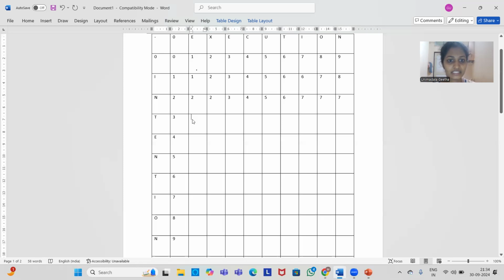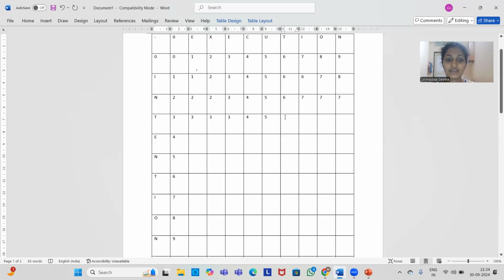Comparison between T and E, the number will be 3. T and X, the number will be 3. T and E, the number will be 3. T and C, the number will be 4. T and U, the number will be 5.